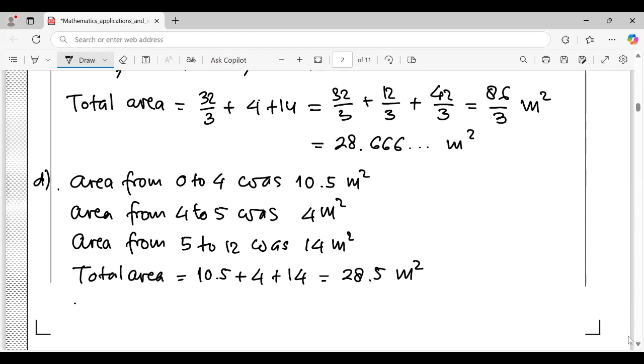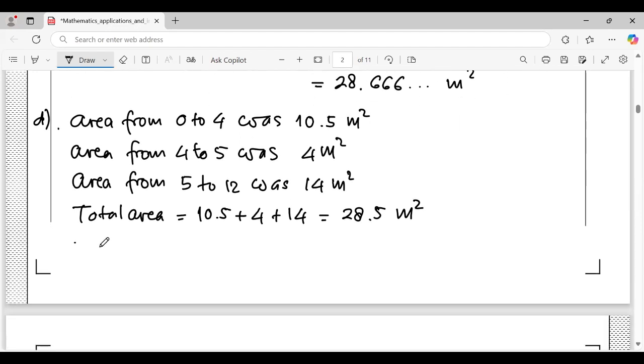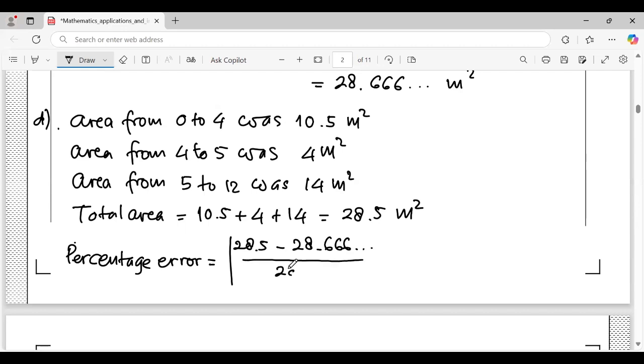And the percentage error is the modulus of 28.5 minus 28.666 over 28.666, multiplied by 100%.